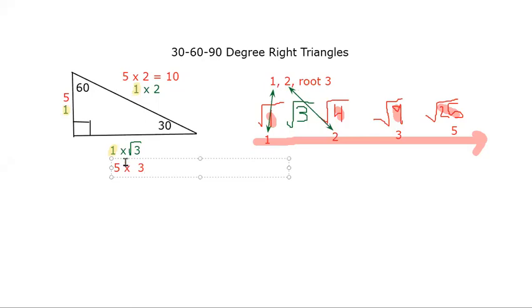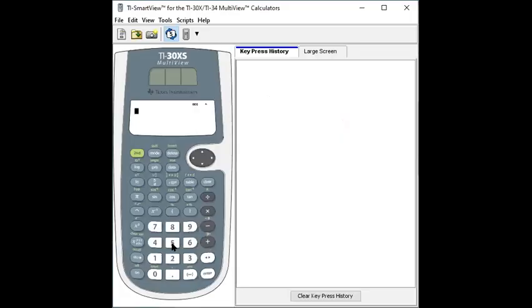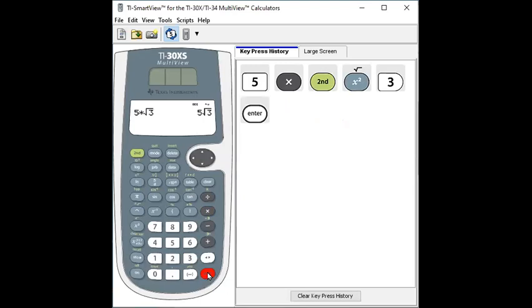When you put that in your calculator, it will simplify it for you. Let's just make sure that 5 times root 3 really is simply 5 root 3, because you've got to have simplest form. So we have 5 times, get your root symbol, second, x squared, 3. 5 root 3.